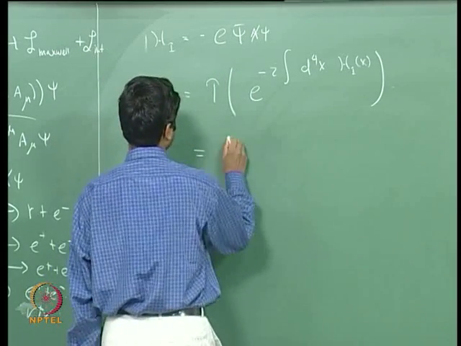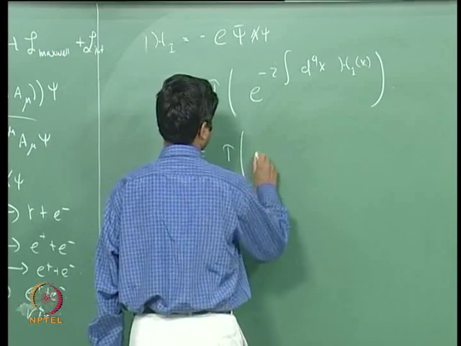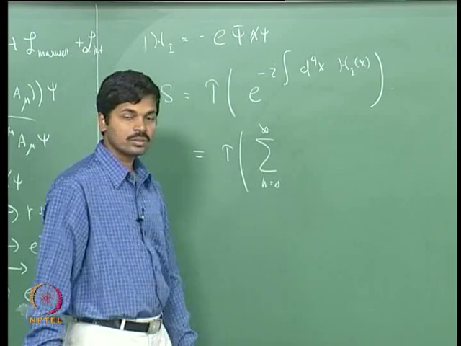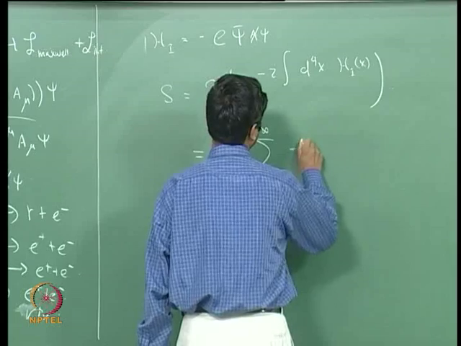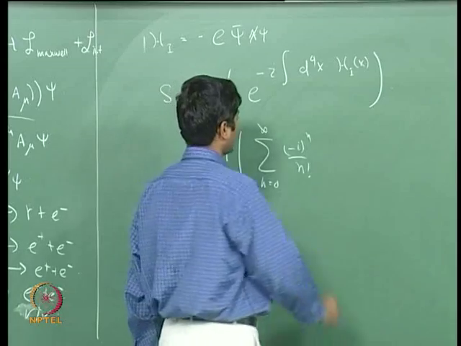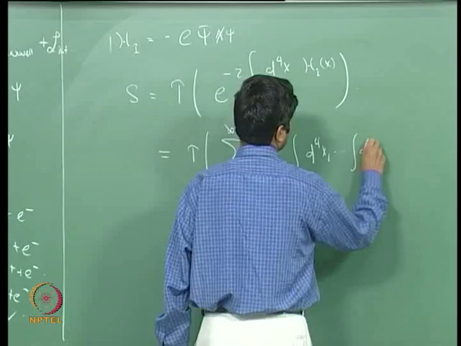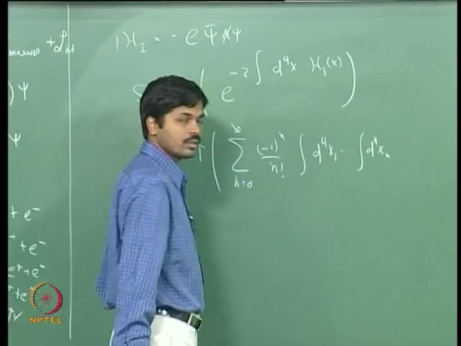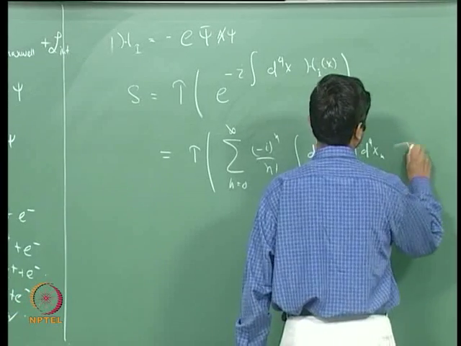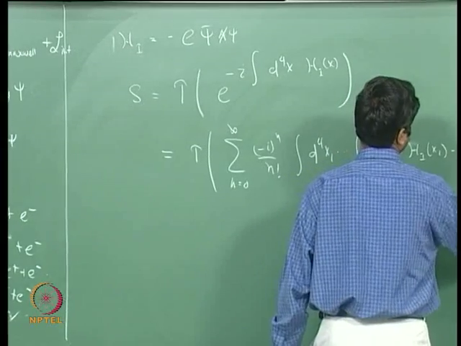So this is nothing but the time-ordered product of the sum over n equal to 0 to infinity of (−i)^n / n! times ∫ d⁴x₁ ... d⁴x_n H_I(x₁) ... H_I(x_n).